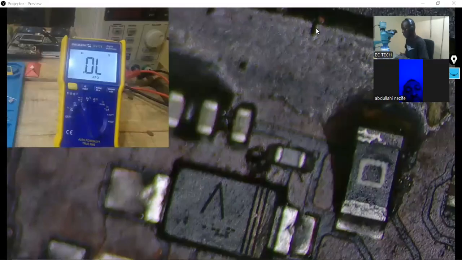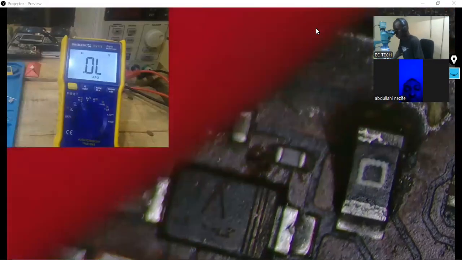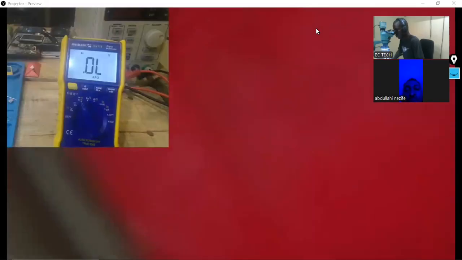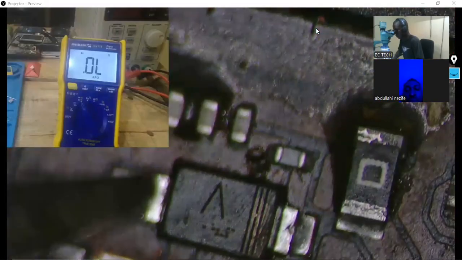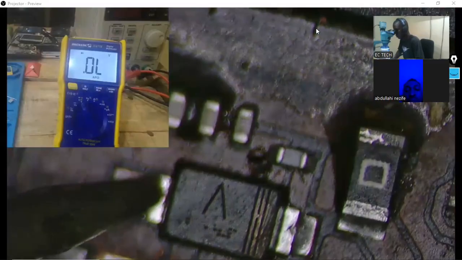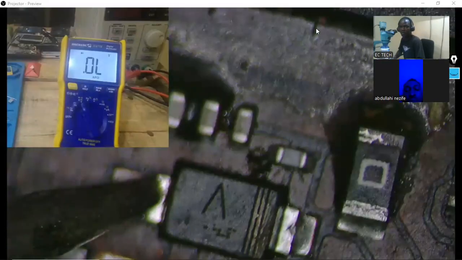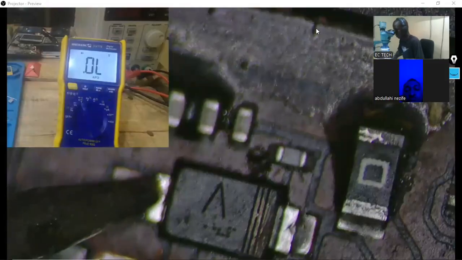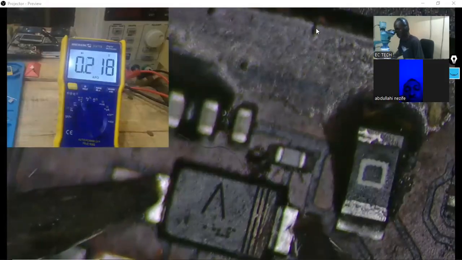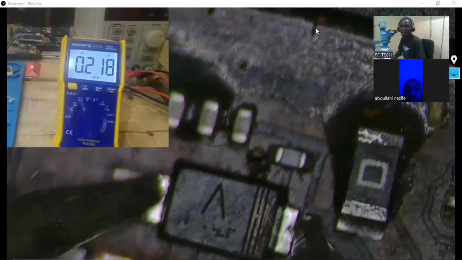So now in forward reading, we said that we are going to put the positive probe to the positive terminal of the diode, and the negative probe to the negative terminal of the diode. So in that case, the reading will occur.